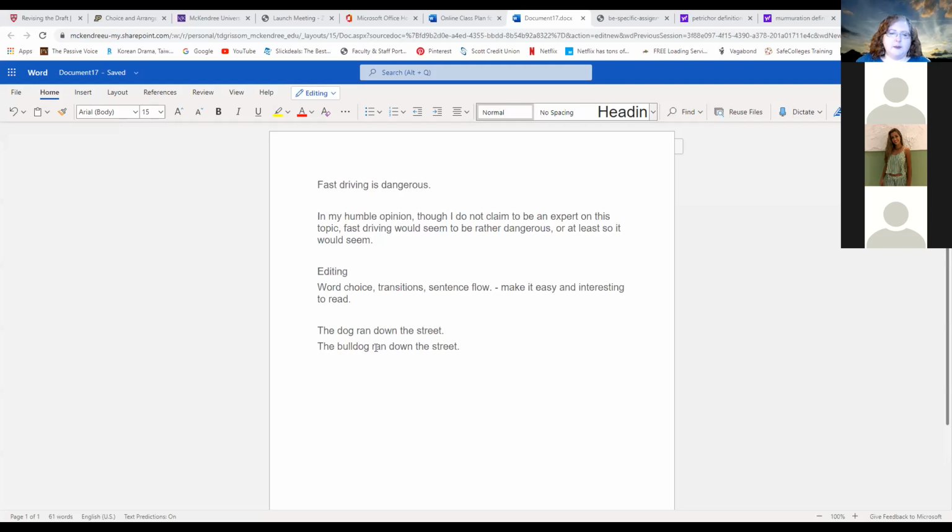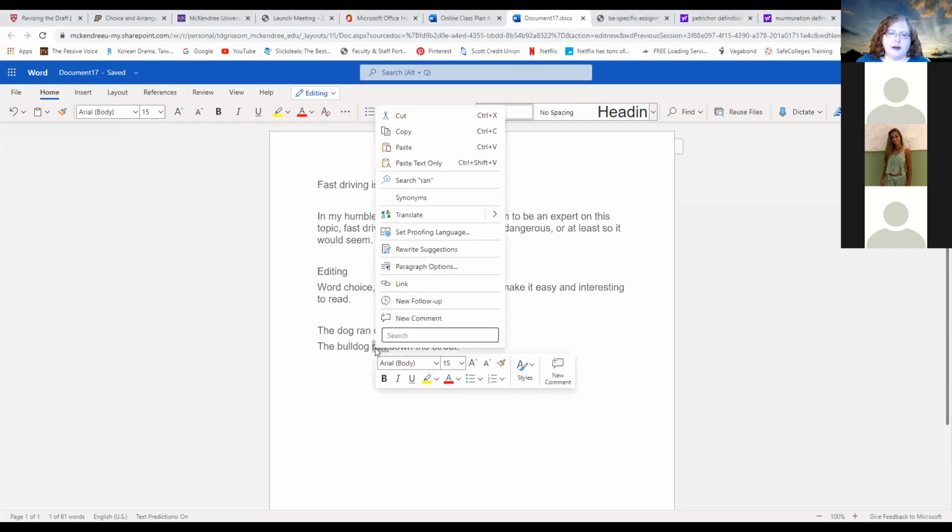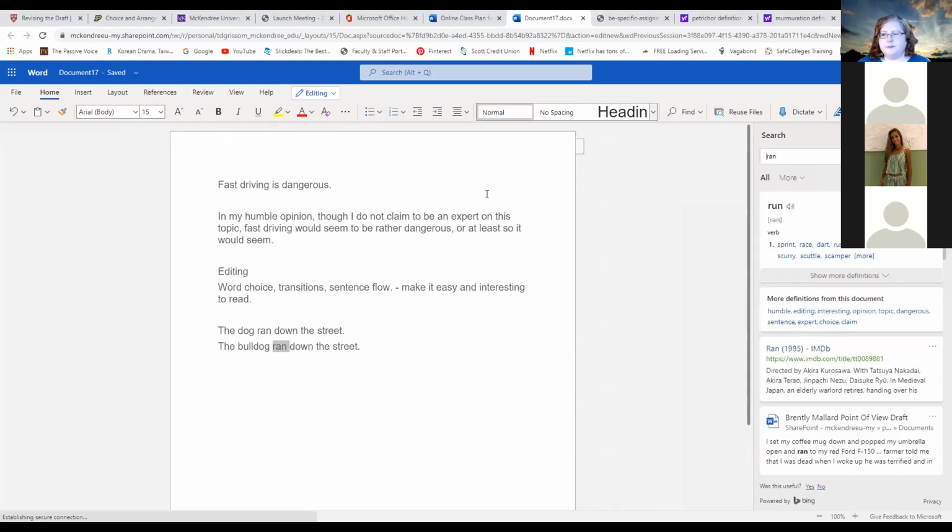No, it's not cheating. One of the great things about Word is the magic right click button. Let me show you. So you highlight the word, then you right click on it, okay, and then you go to synonyms. So here we have, the bulldog didn't run, they sprinted, raced, started, rushed, dashed, hurried, scuttled, scampered, scurried.